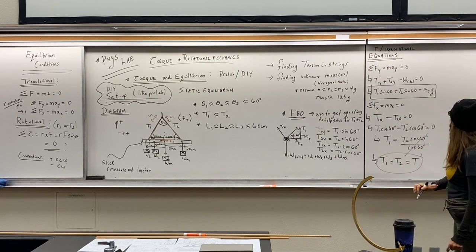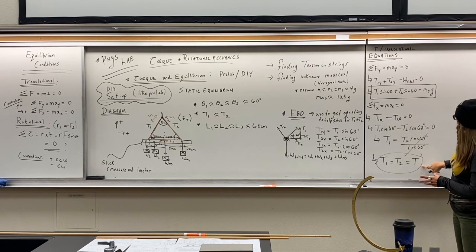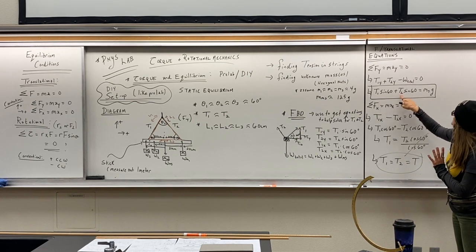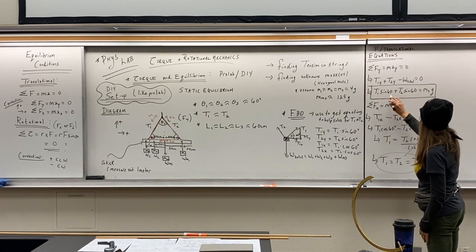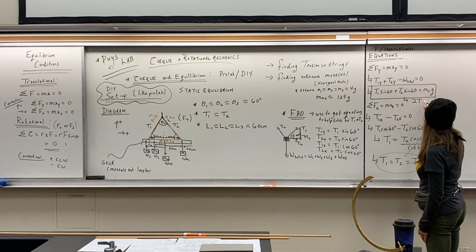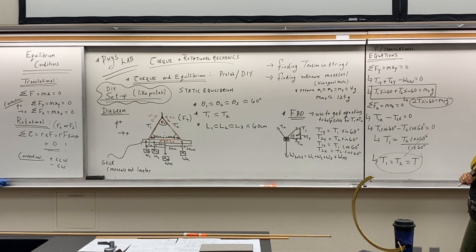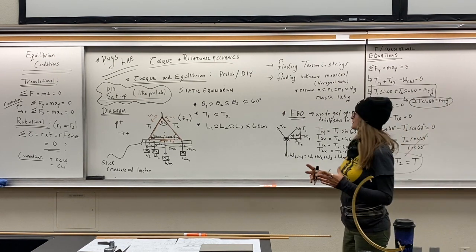Okay, so that one doesn't offer that much help in finding what the general value is, but we do know that these now are equal, so we could break this one down further and say 2T sine 60 equals M total G. Okay. Approximately. Now, how do we also apply our torques? Let's say we didn't know the mass of the actual stick.